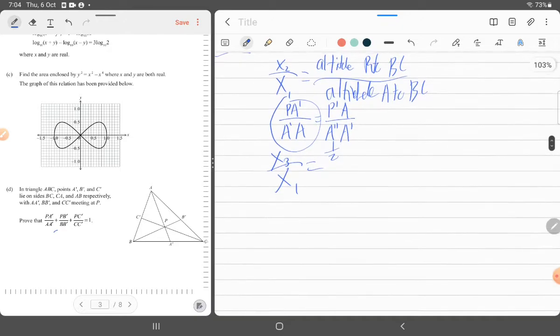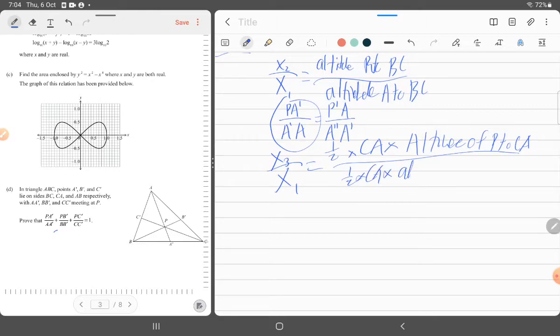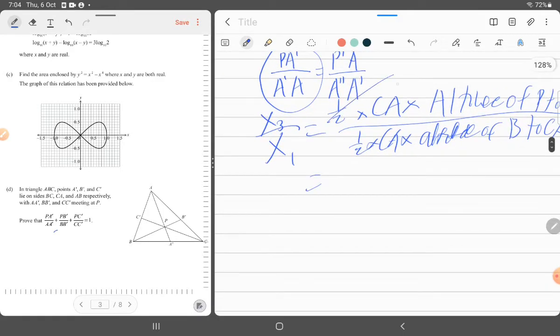So x3 is half times CA times the altitude of P to CA, all over half times CA times the altitude of B to CA, which cancels out.